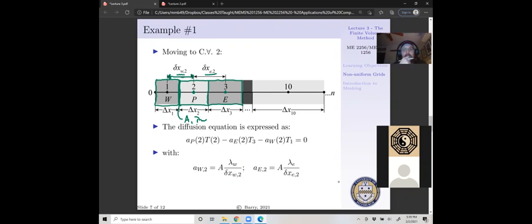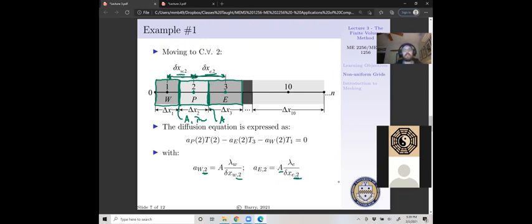A east, this just becomes our area between our two control volumes times our diffusivity per delta x east 2. Notice how all we did was specifically to note with respect to what control volume we are operating on. Our stencil and the formulation of our 1D diffusion equation remains unchanged.